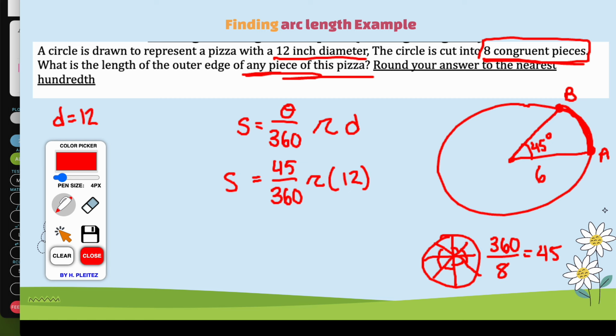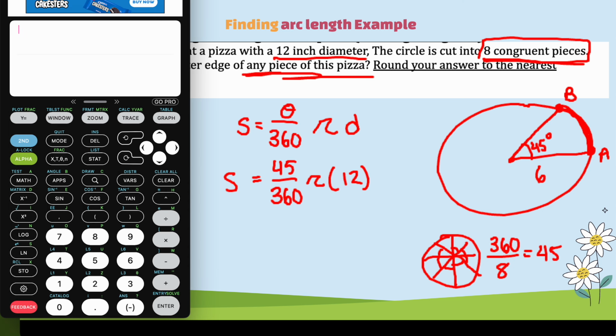Now this one says round your answer to the nearest hundredth. So you are not allowed to leave pi in your answer here. You can go straight to your calculator right now. And if you want to type in a fraction, hit math and go all the way to the right, hit enter. So you'll do 45 over 360 times pi times 12 and hit enter.